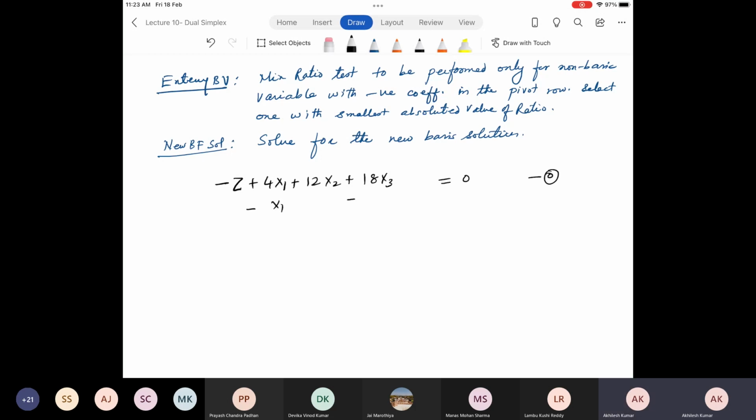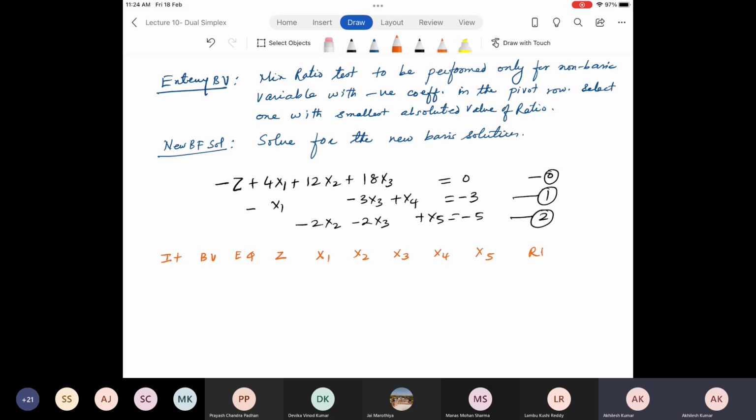Minus x1 minus 3x3 plus a slack variable x4 equals minus 3, first equation. Minus 2x2 minus 2x3 plus a slack variable x5 equals minus 5, second equation. Iteration, basic variable, equation, g, x1, x2, x3, x4, x5, right hand side.